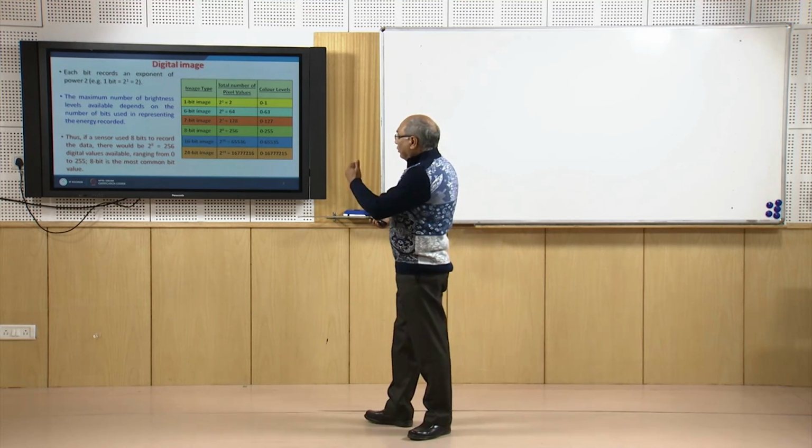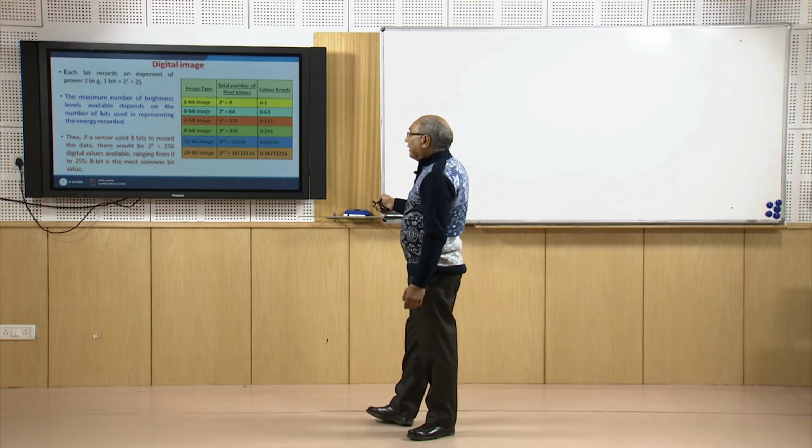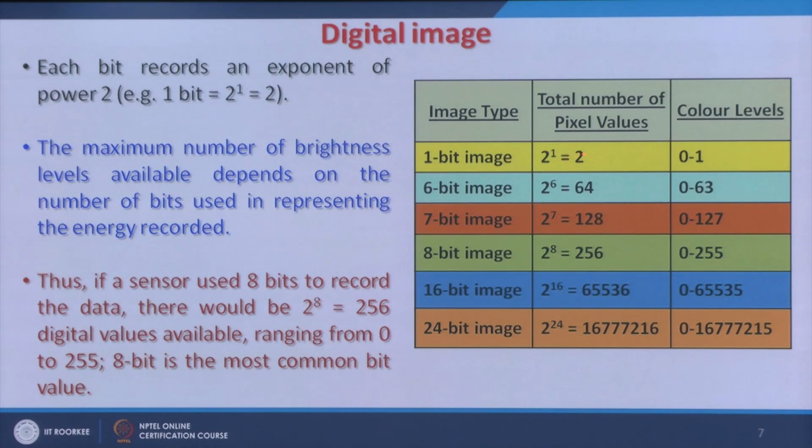So just for completeness, a 1 bit image, 2 power 1 equal to 2, only 2 shades are available or 2 colors can be assigned, values are just between 0 and 1, total 2. If it is 6 bits, like in case of IRS 1C pan camera, we had 6 bit images, that means the total number of pixel values could vary between 0 to 63, total number 64.